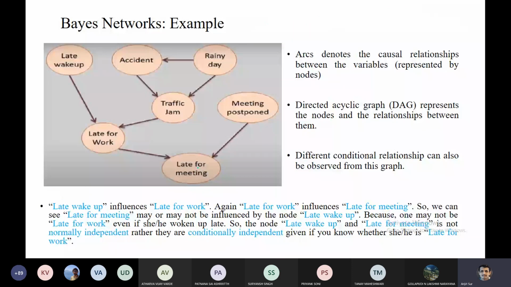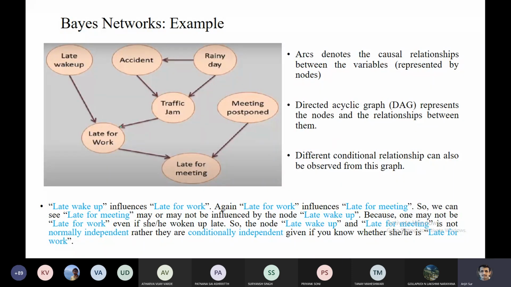Now here you can see an example of a Bayesian network. There is some event or some variable. Let's say some of us are late for work.